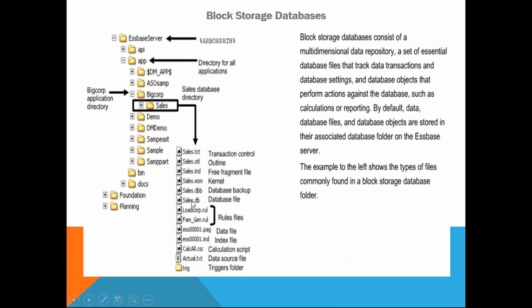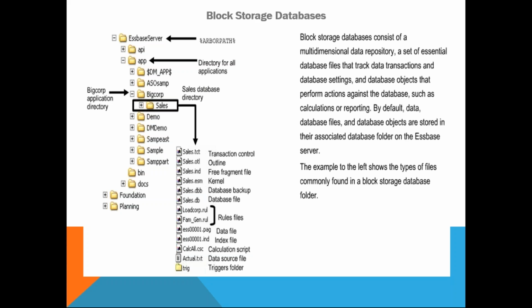This is the name of the database, and then there is dbb, which is a backup. There is tct, which is a transactional control file. Whenever you create an outline, an OTL file is generated. And then there is the index file. When you create the outline, the indexes also form, so the index file is also generated.